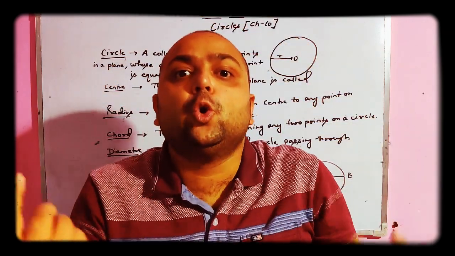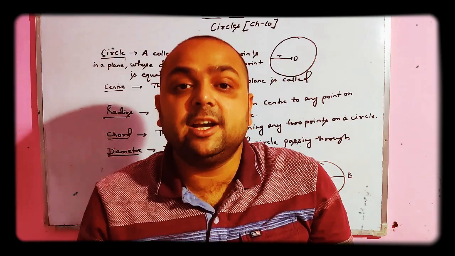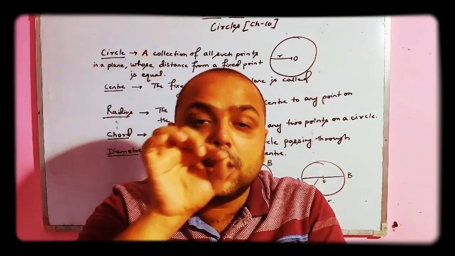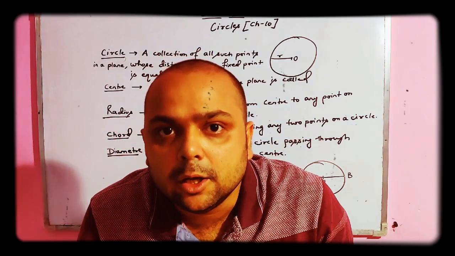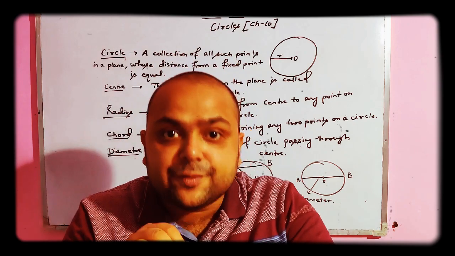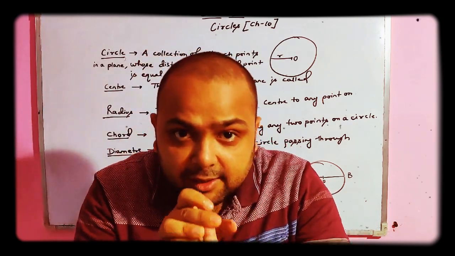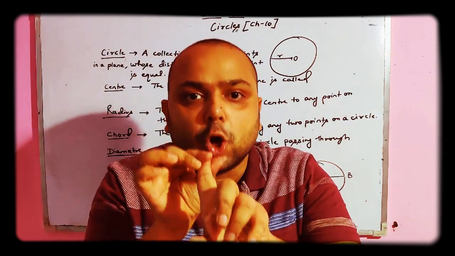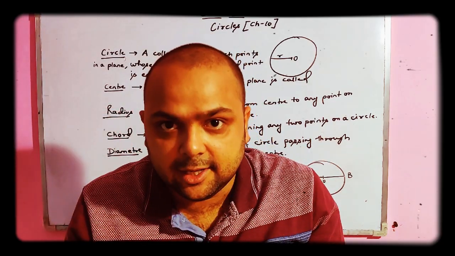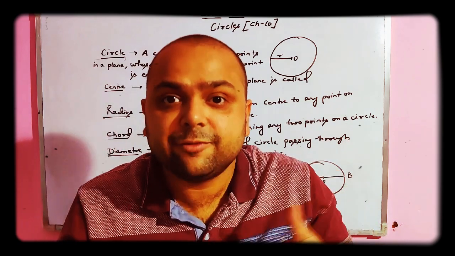So a circle is a closed curve having a center, that fixed point from where all the distances are equal. In the circle we have to study the meaning of circle, center, radius, chord, diameter, tangent and secant. We are dealing with all these one by one.